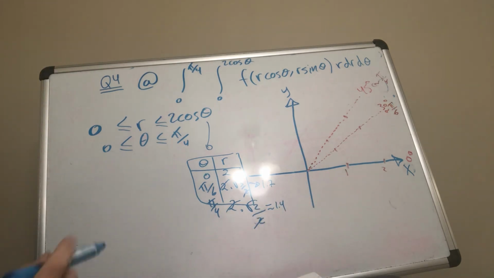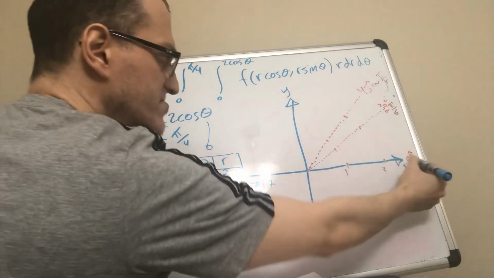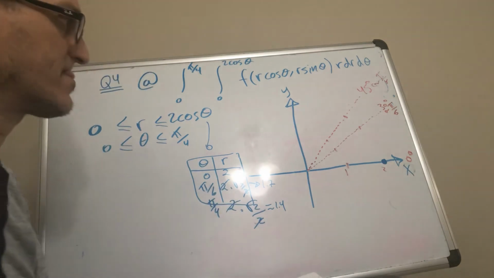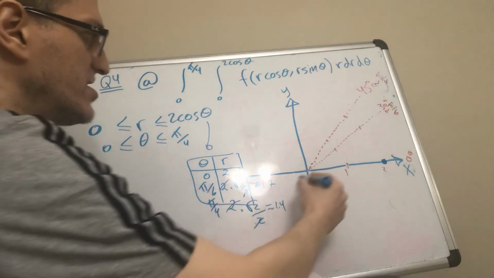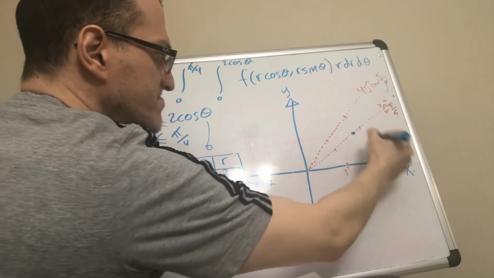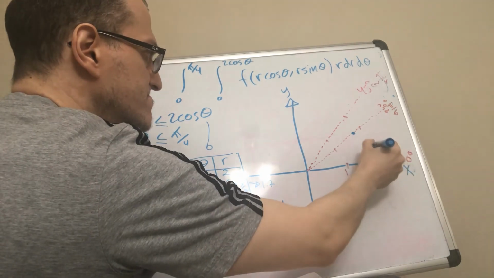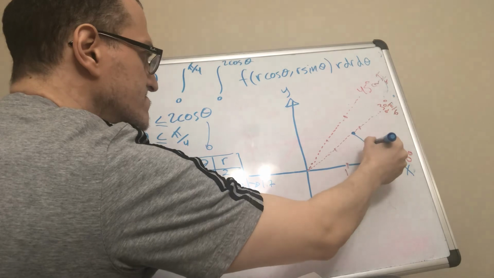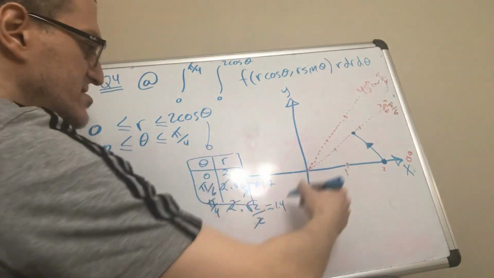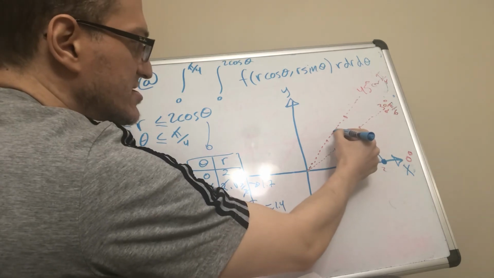So now what? At angle 0, the radius is 2. At angle 30, you're at 1.7, so you're about here. So it goes like this. And at angle 45, you're at 1.4, so you're like here.